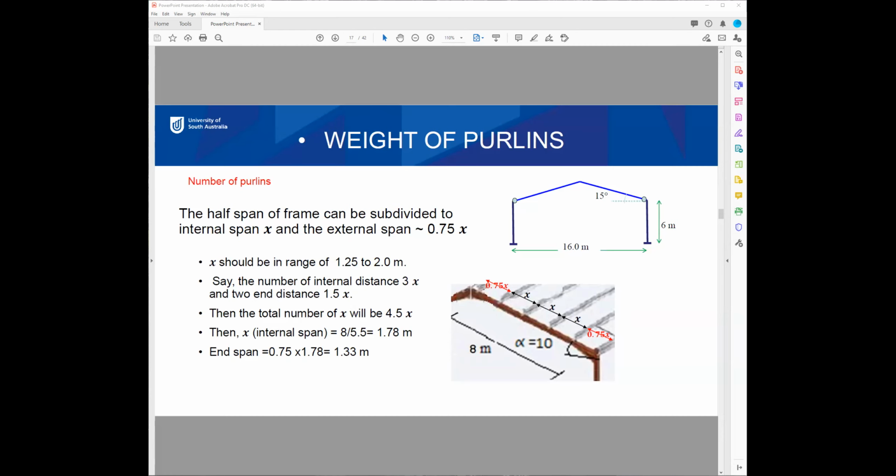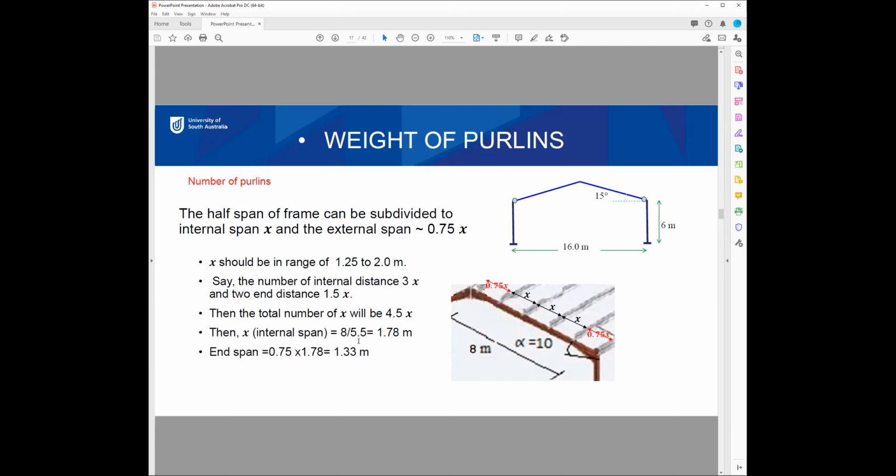Okay, I have a look now. I can see your screen, Kyle. See the 5.5? It's a typo there. It's actually 4.5. When you use 8 and divide by 4.5, it's actually getting back to 1.78 meter. You can check it.